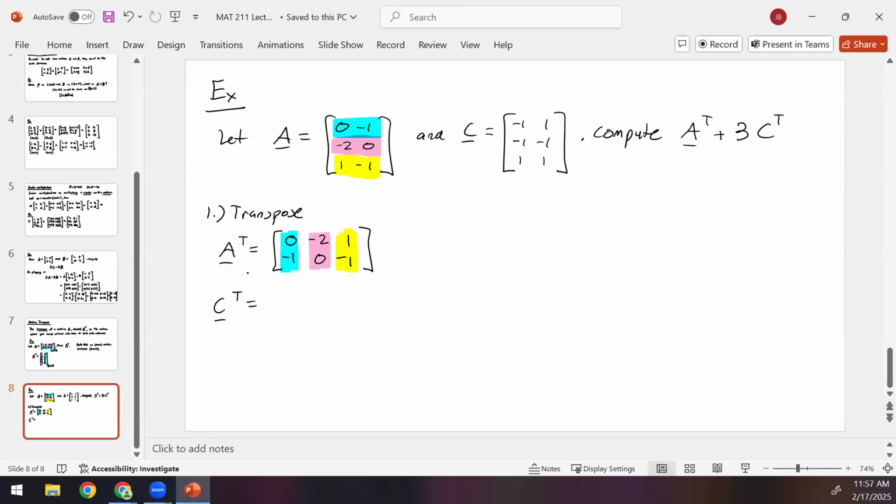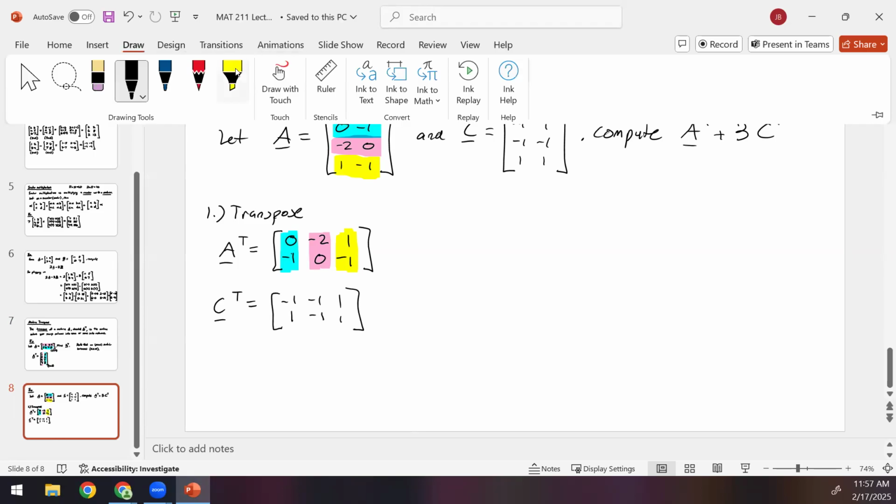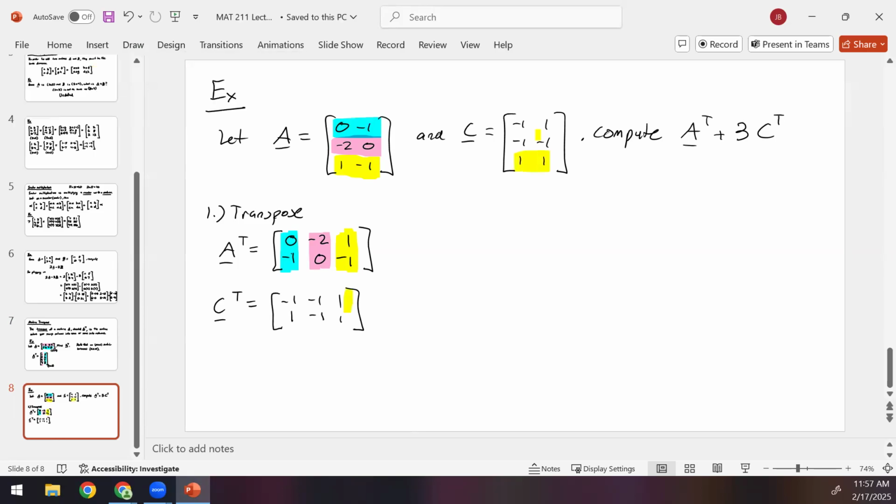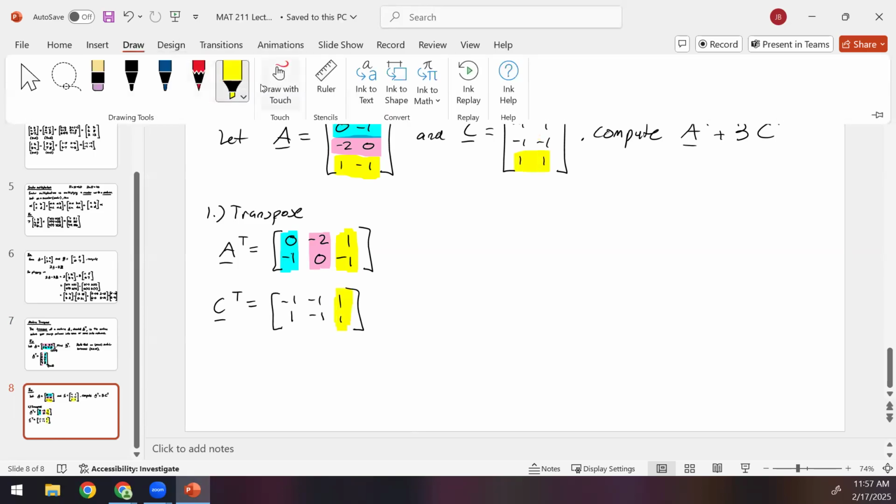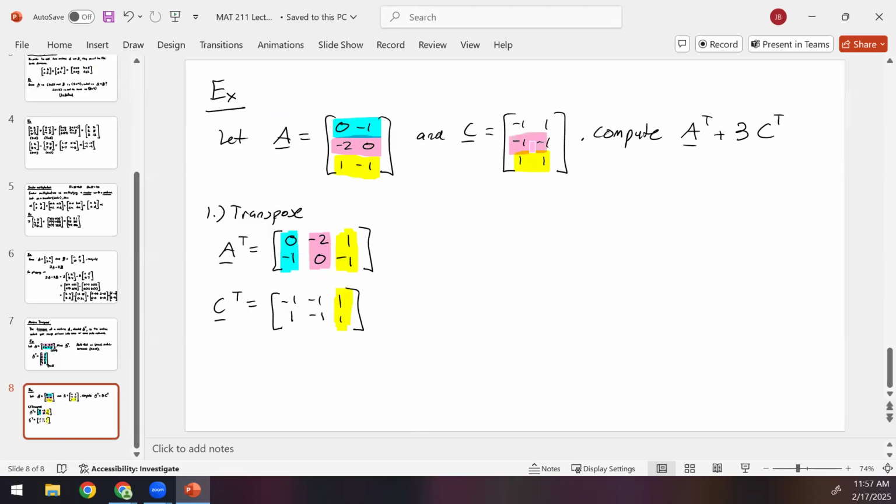Okay. And so if I take the transpose of C, I get -1, 1, -1, -1, and then 1, 1, right? Like I said, when the numbers look as similar as they do in matrix C, it starts to blur and you can barely tell which one's which, honestly.